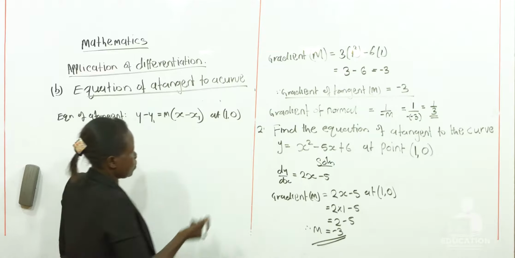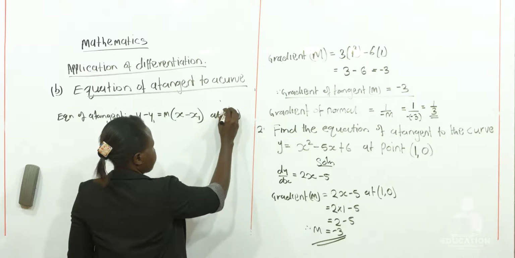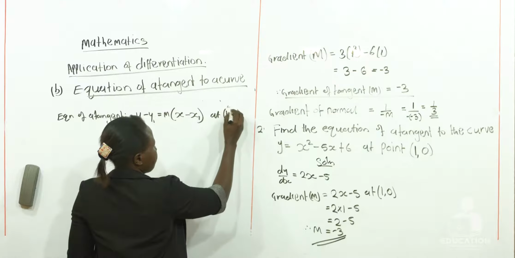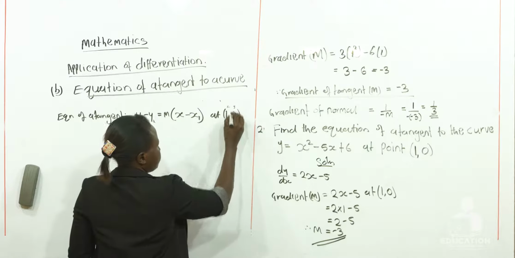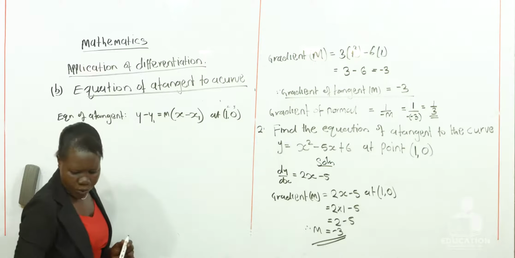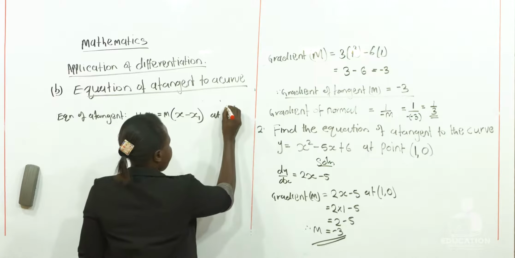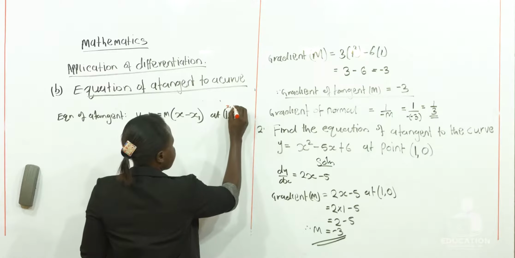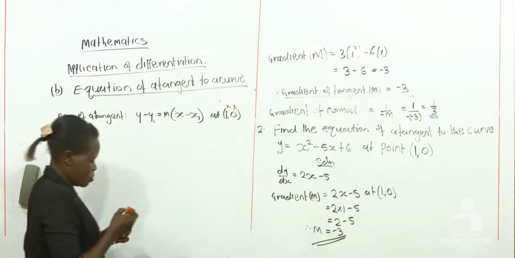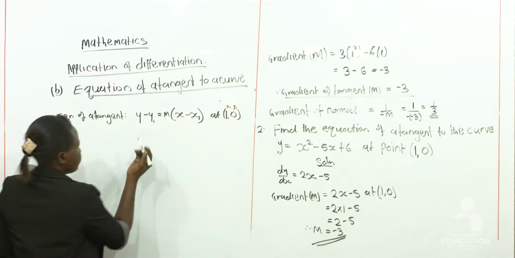We come to our given point here. We take this as x1 and this as y1. When we come to our formula, we substitute.